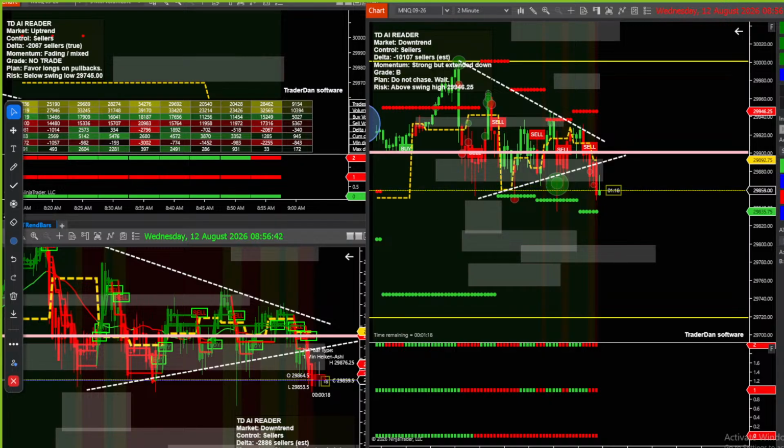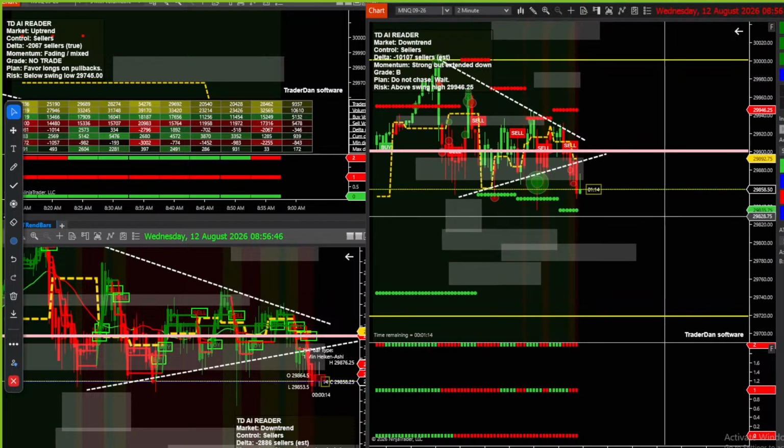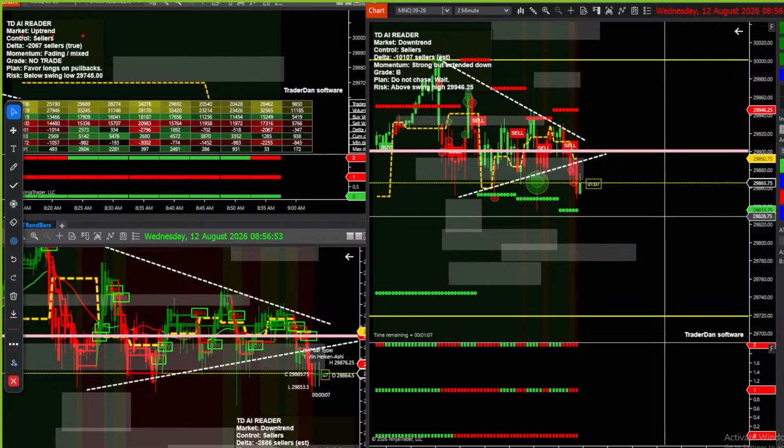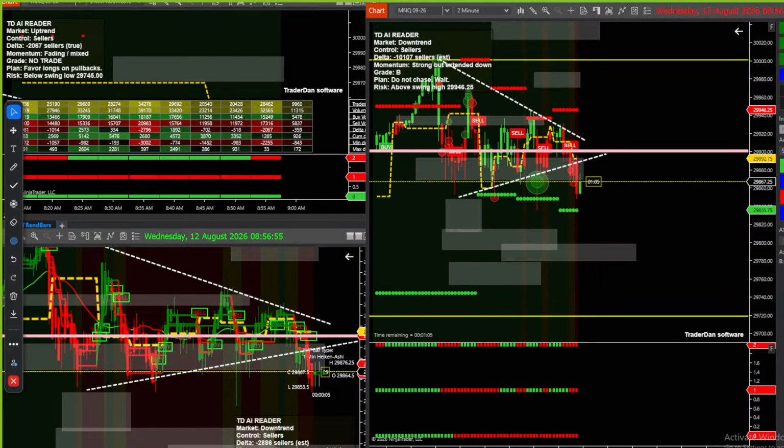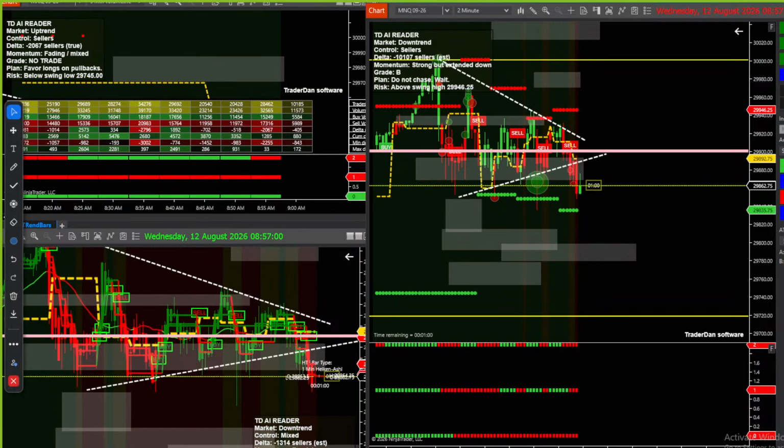Of course, you want to buy that side, right? You don't want to short the bottom. This is what I was talking about. We're fighting to stay alive this morning, yes.